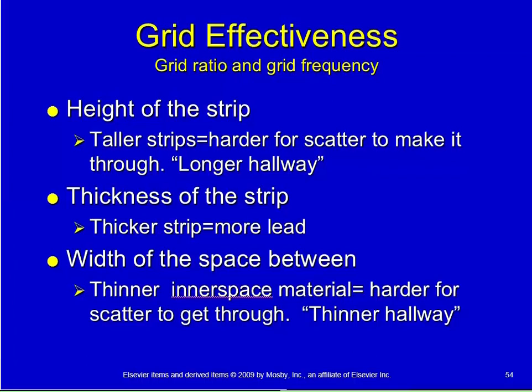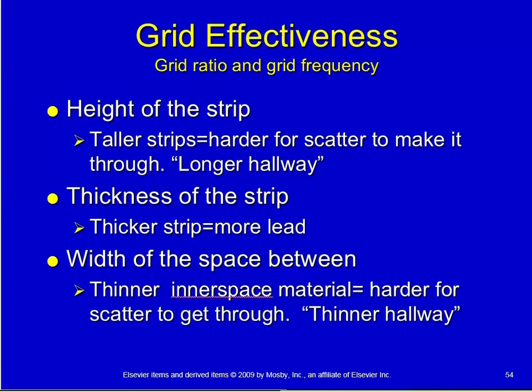The thickness of the strip is important because it's more lead. The thicker the strip is, the fatter it is, the more lead you have there. But the grid ratio is the height of the strip, the grid strip, divided by the distance in between them. That's the calculation of grid ratio.